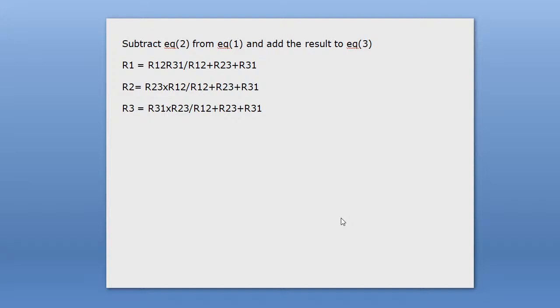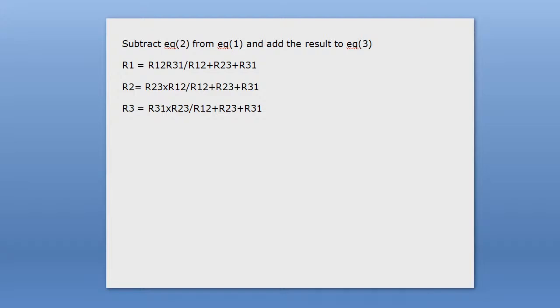Okay, so everyone see the final expression of resistance associated with the star network in terms of resistances associated with the delta network. R1 equal to R12 into R31 divided by R12 plus R23 plus R31, the sum of all resistances in the delta network.